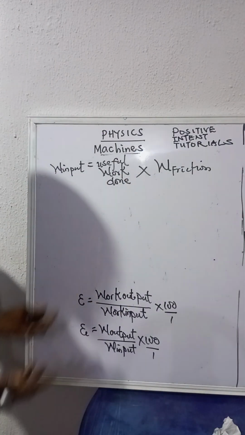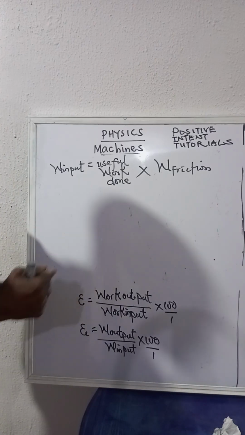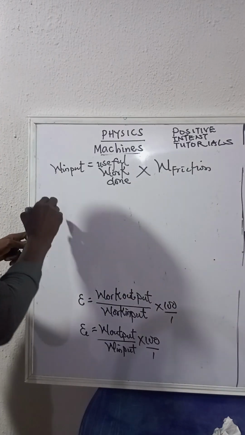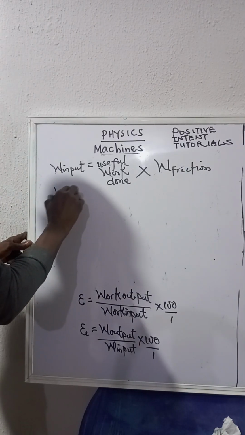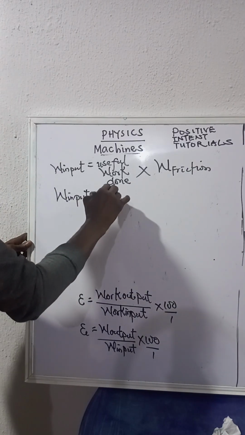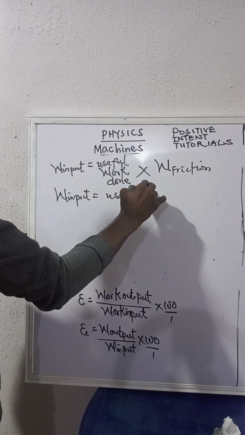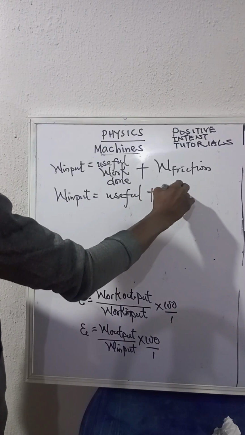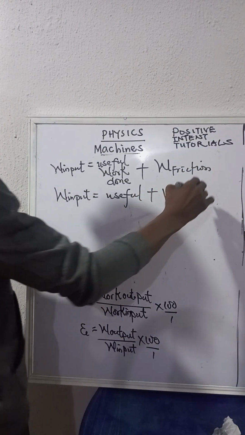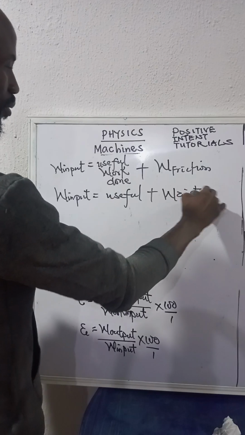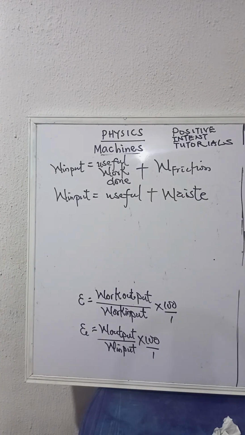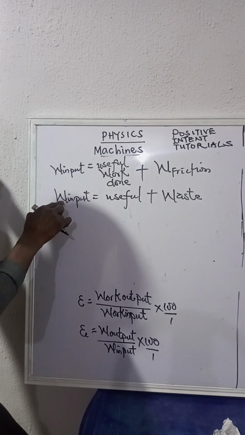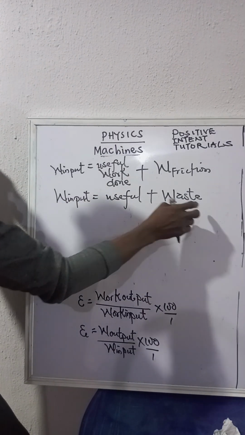If I want to say this to a layman, for the person to have a complete understanding without going through terms, work input is equal to useful plus waste.